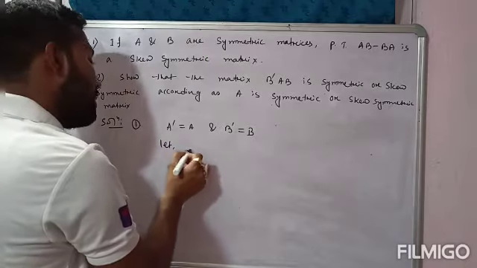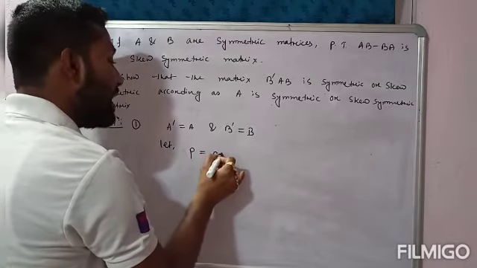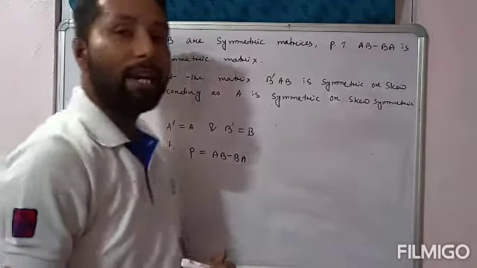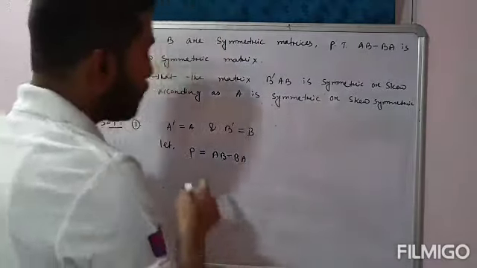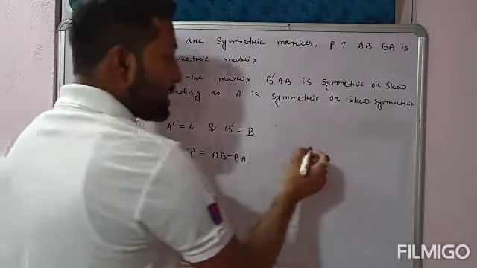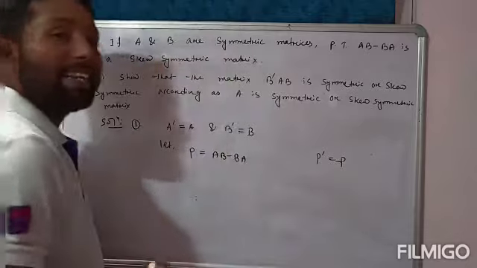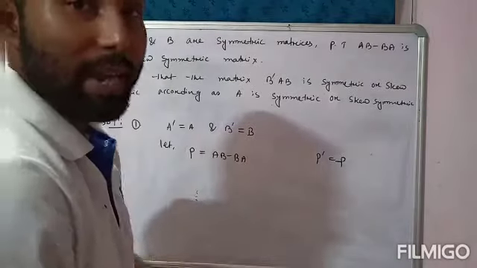So let P is equal to AB minus BA. That means you have to prove that P transpose is equal to minus P. Skew symmetric, that's why minus P.